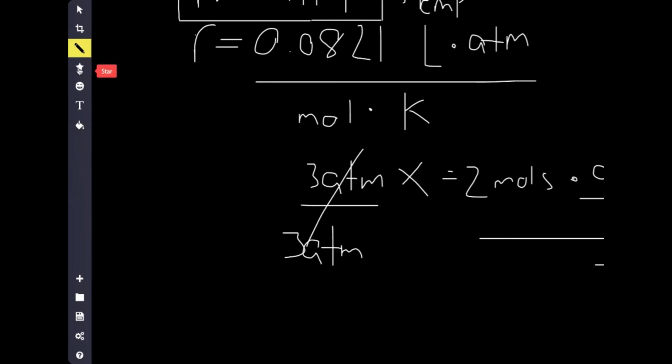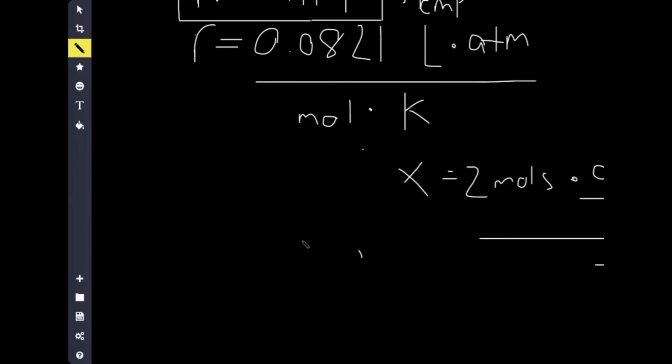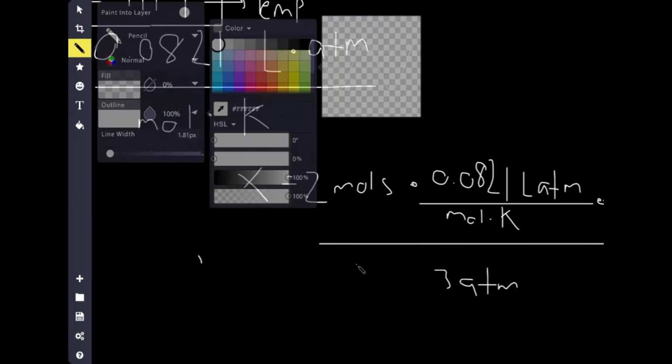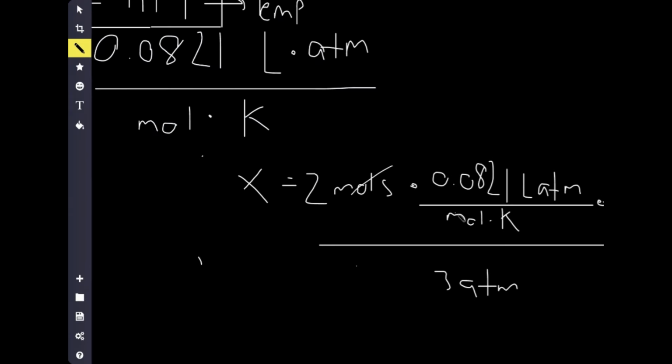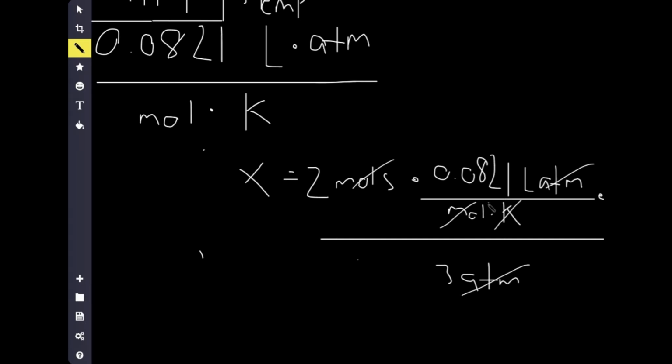This cancels out because we just isolated X. And you'll see how our moles cancel out, our atms cancel out, our temperature, the Kelvin unit, cancels out, and we're left with liters. Since we're trying to calculate volume, and all our units cancel out and we end up with liters, we're heading in the right direction.